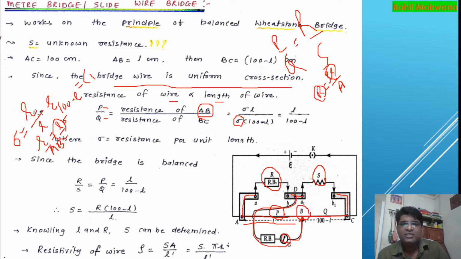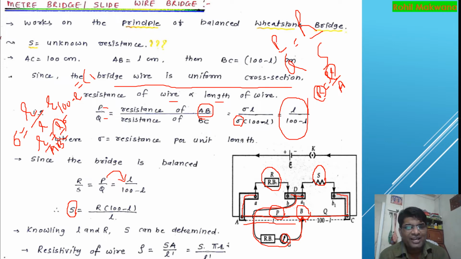Sigma gets cancelled, so this is your P by Q. That's it. So R by S is equal to P by Q. Instead of P by Q, substitute L divided by 100 minus L. As we wanted to know the value of S, make S the subject, and you end up with S equals R into 100 minus L by L, where L is visible from the balancing length and R is the resistance you have taken from the resistance box.